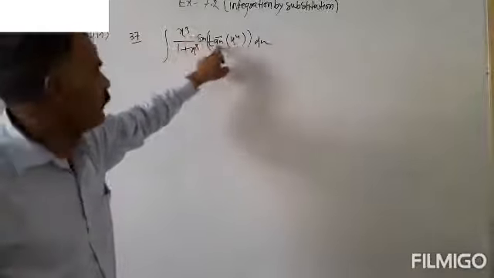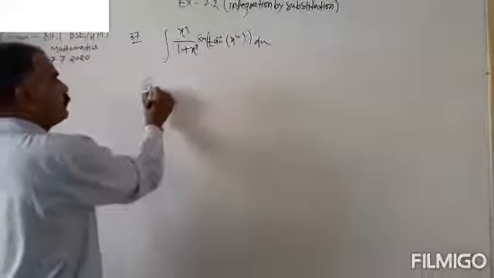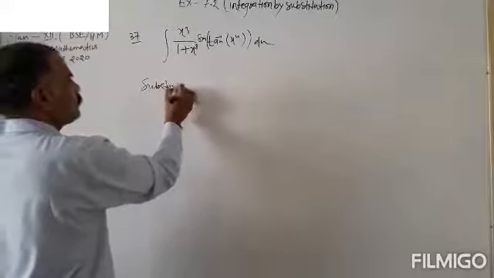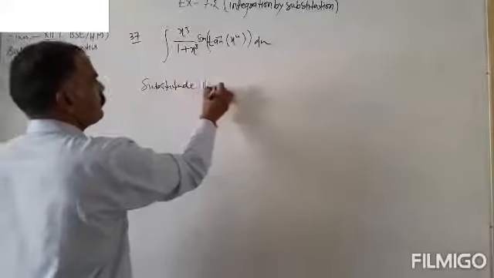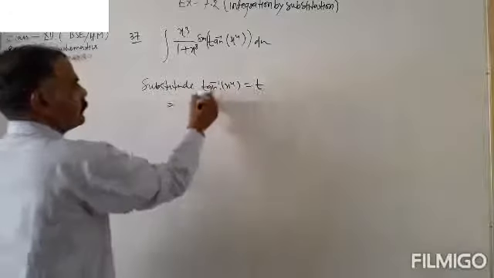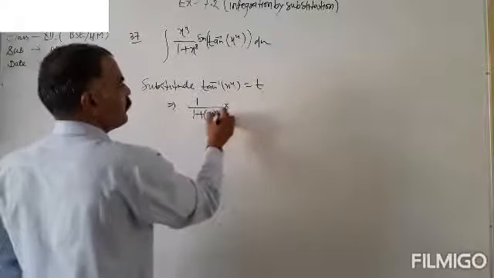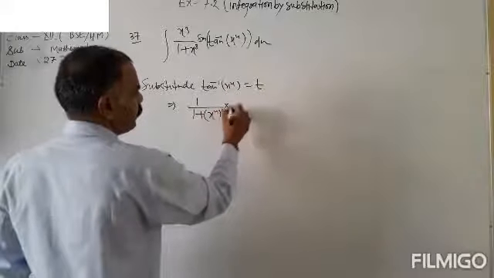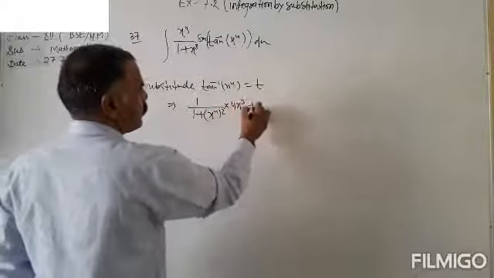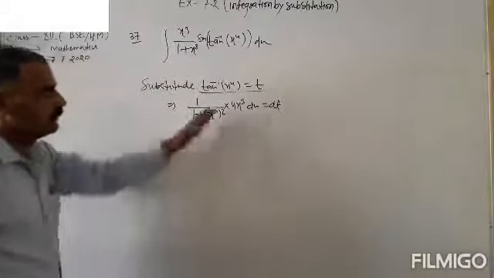So substitute tan inverse x to the power 4 equals t. Then 1 upon 1 plus x to the power 8 times 4x to the power 3 dx equals dt.